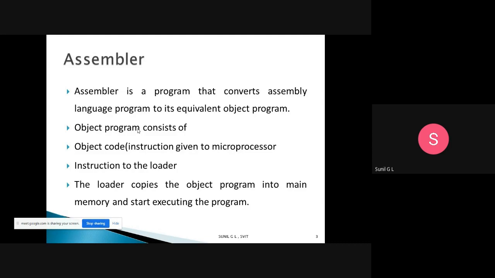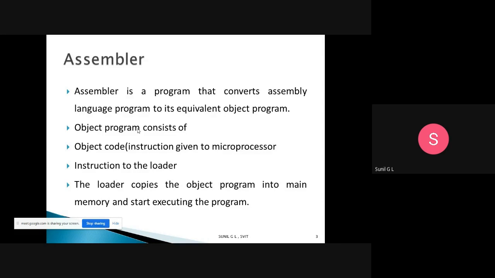So the assembler is a translator, a program which converts assembly level language to its equivalent object program. That is the first thing. Then the object program consists of two things: instructions to the microprocessor and instructions to the loader. The instruction to the microprocessor we call the object code.